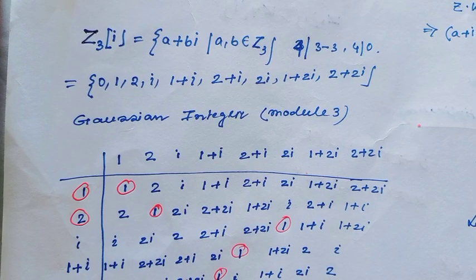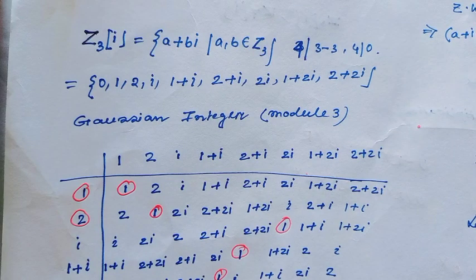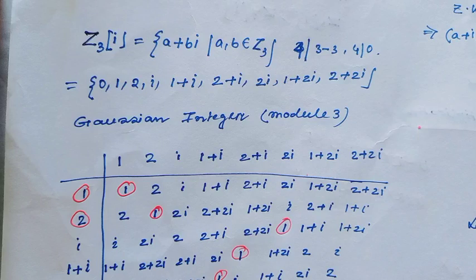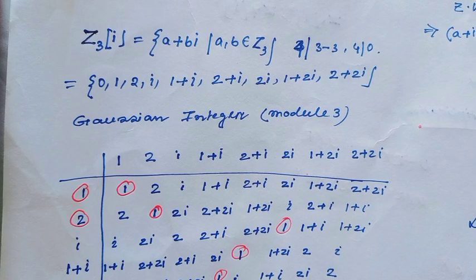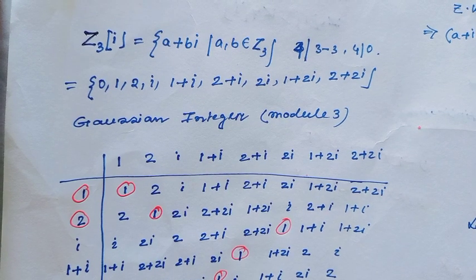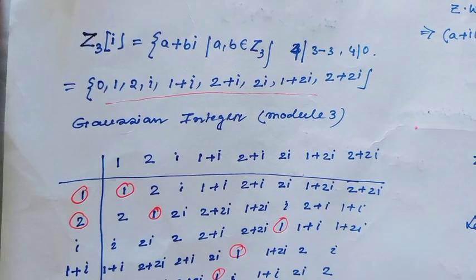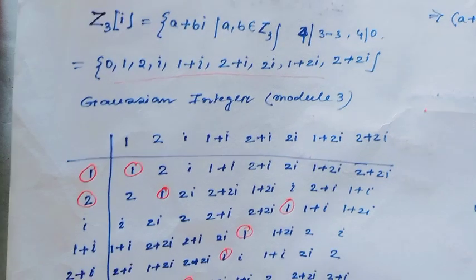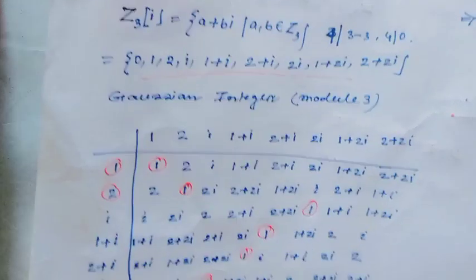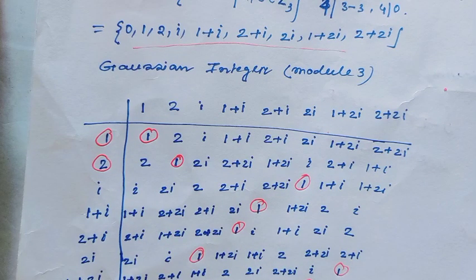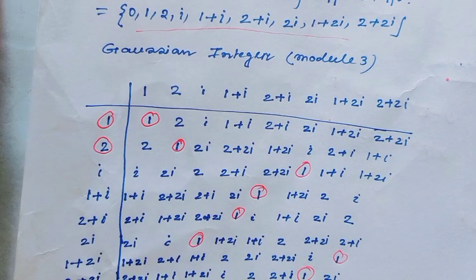Similarly, if we consider Z3[i], obviously 4 divides n minus 3, where n equals 3. That means 4 divides 0. Here the elements of Z3[i] look like this. This is the Gaussian integers modulo 3. And here every non-zero element has a multiplicative inverse.